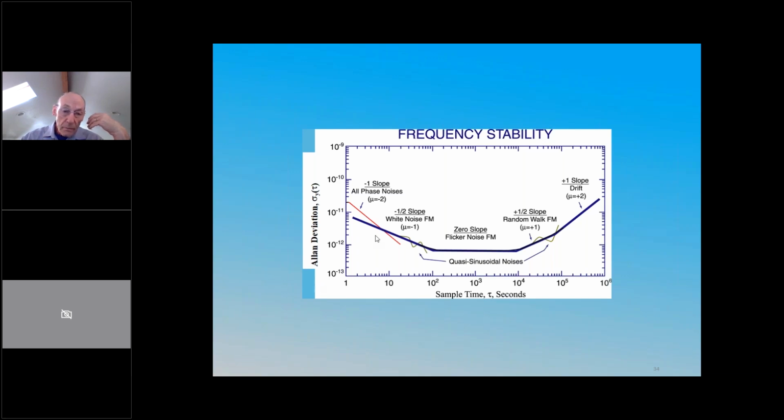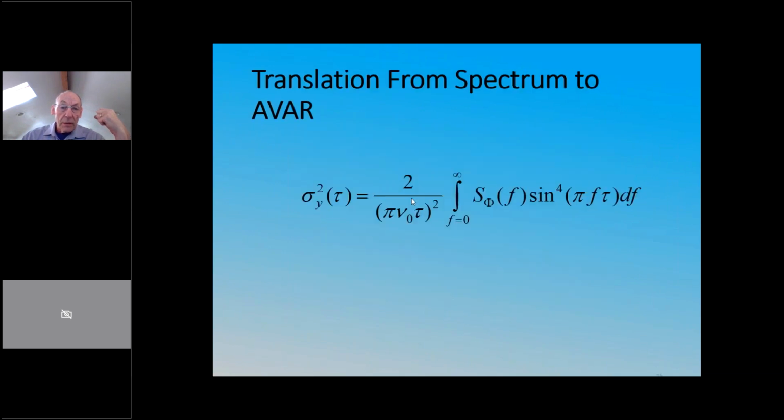So there's a problem with the Allan deviation, because white frequency noise and flicker frequency noise have the same slope: a -1 slope on deviation or a -2 slope in variance. And there's a direct formula for translating from the spectrum.